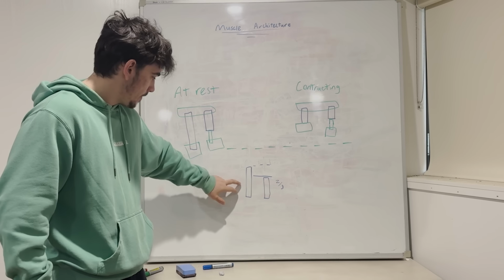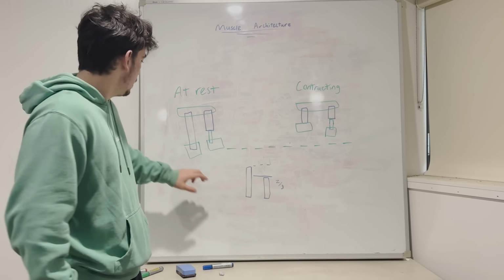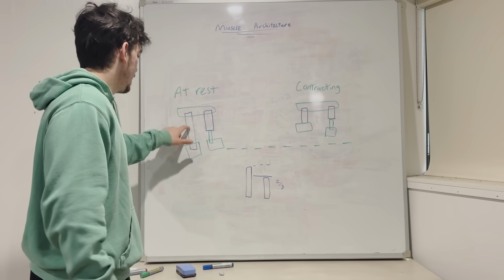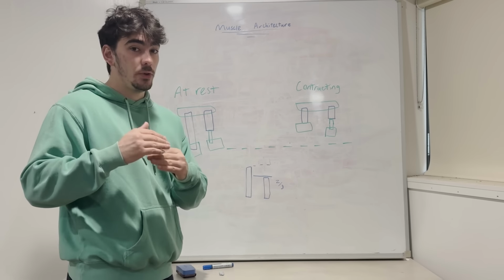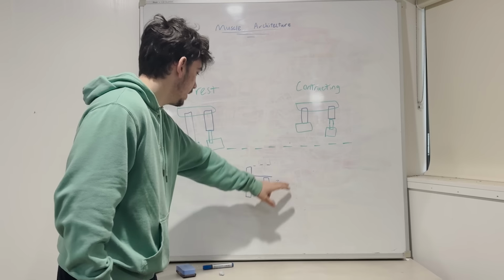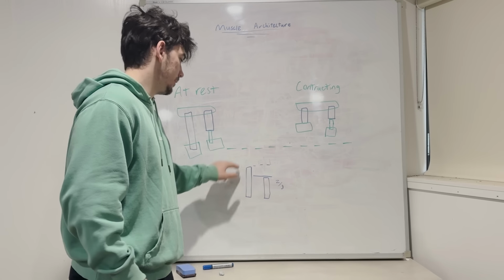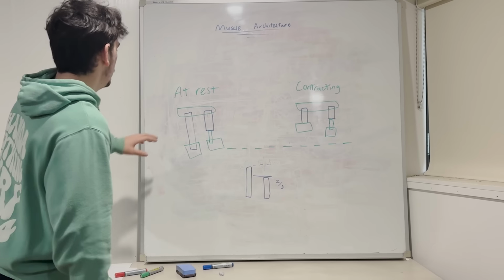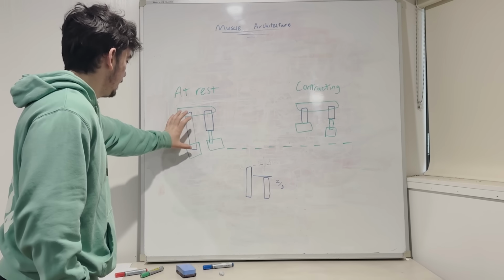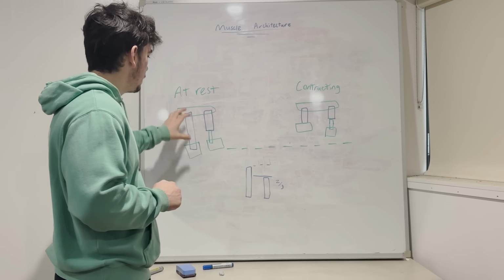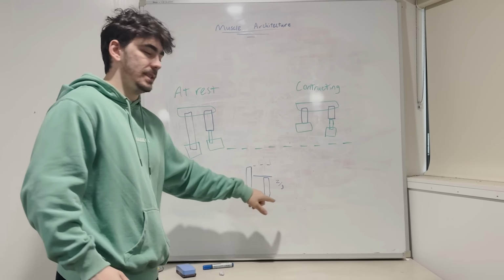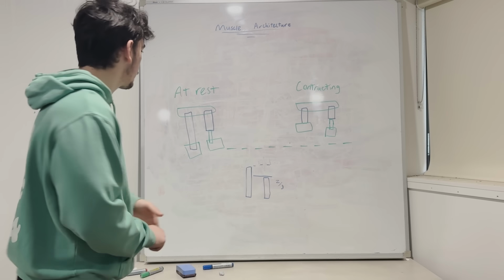But let's say that this single muscle fiber, which is the same as in this muscle and this muscle, can shorten to 2/3 of its length. So we're assuming that every single muscle fiber within this belly can shorten at the same capacity, which is 2/3.